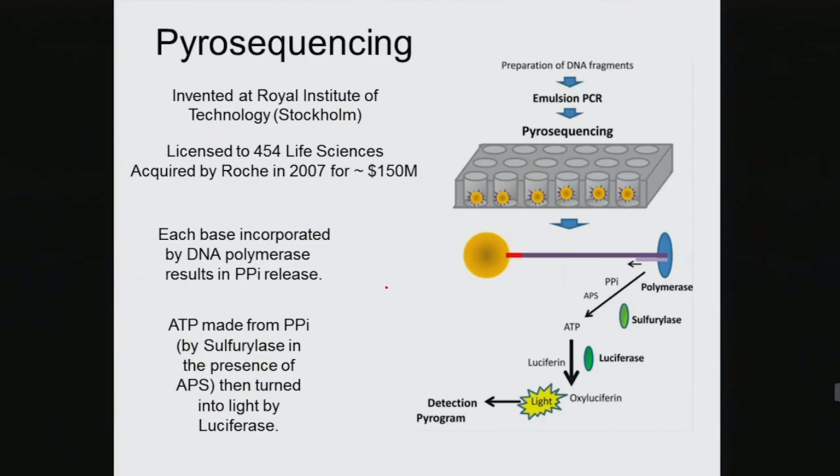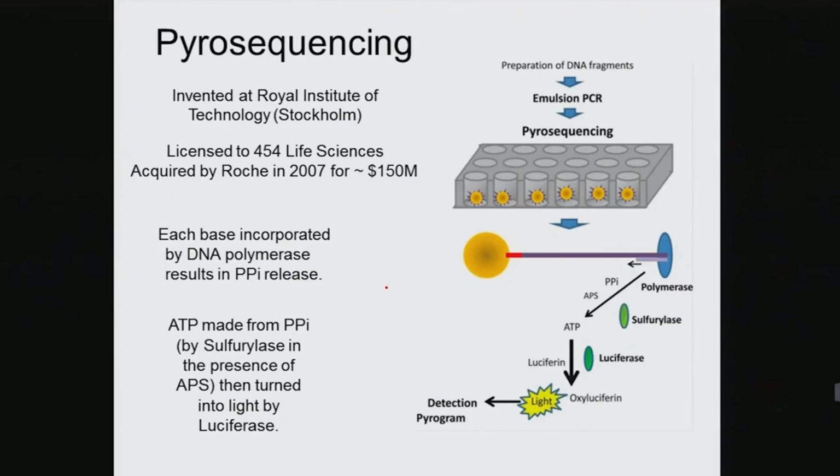This ATP concentration is proportional to the amount of nucleotide incorporated. ATP can then be used by luciferase in the presence of luciferin to create oxyluciferin, which emits light. And again, this is proportional to the amount of ATP synthesized. And then you can use a detection program to actually detect the amount of light that's being released.